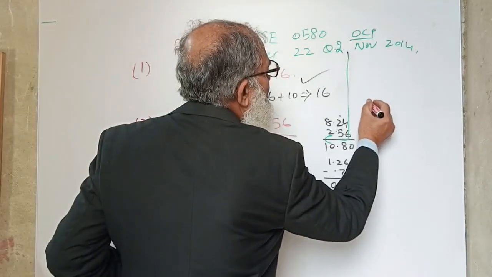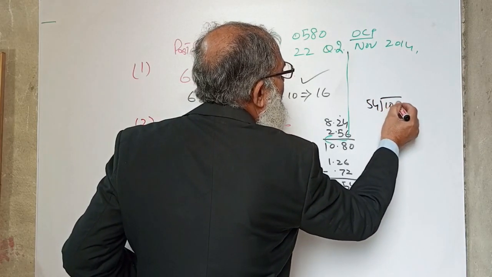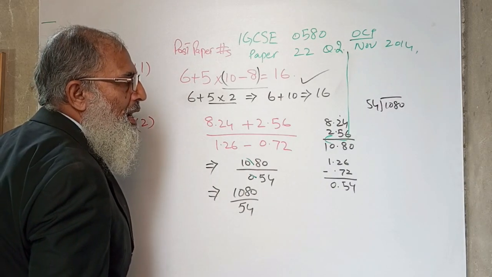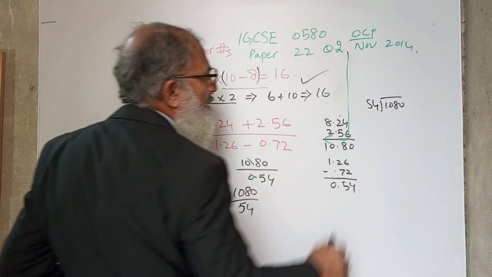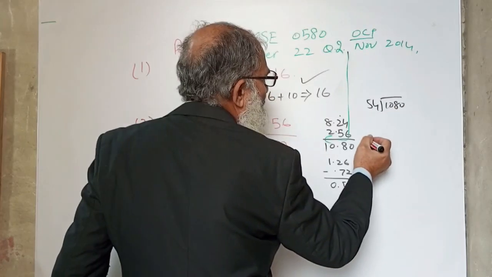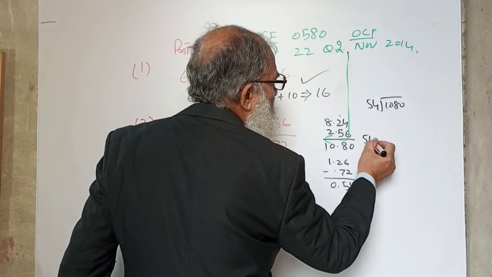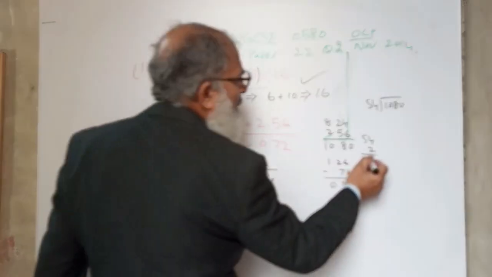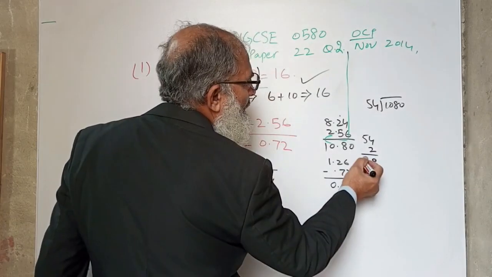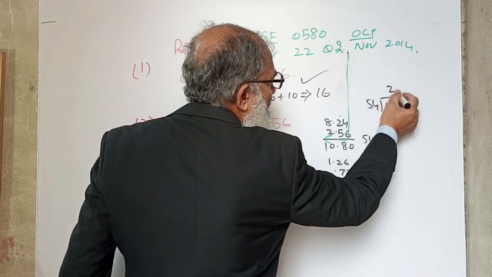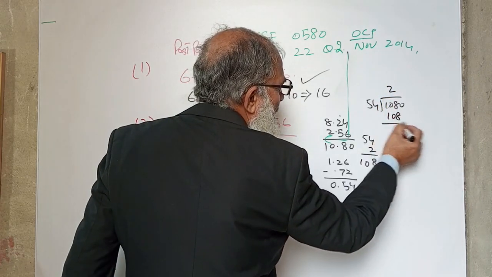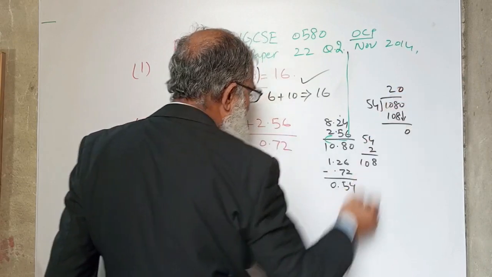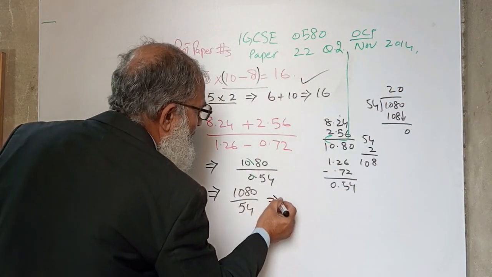You can easily do it in your rough work. If you do it with 20, 2 times 8, 108, and bring 0 over here, so it is 20. So the answer is 20.